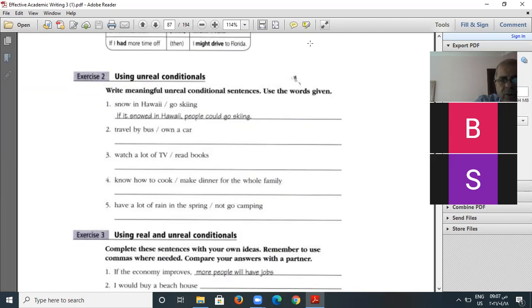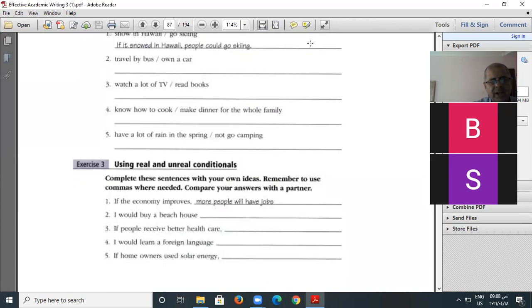Past simple. No, we are talking about unreal conditionals. With real conditionals, in the if clause we use simple present, and in the main clause we use will, can or may. Okay. With unreal conditionals, what do we use in the if clause? Past. And in the main clause, would, could or might.